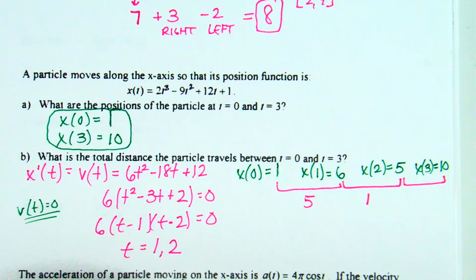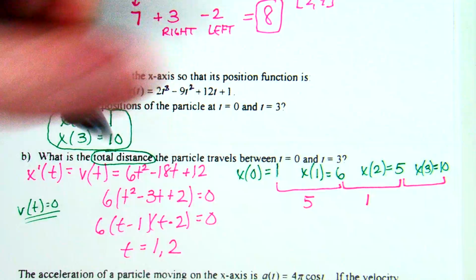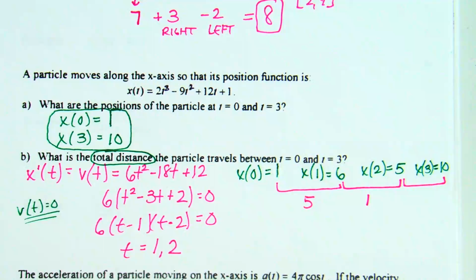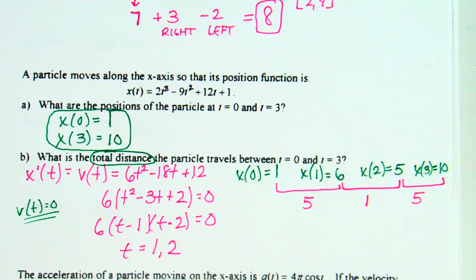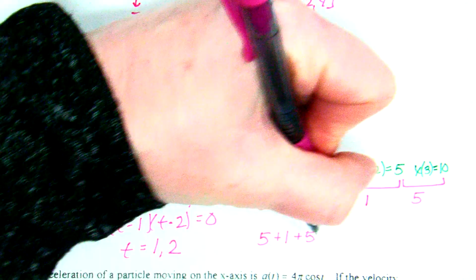Well, because what is the question we're looking for? What is the total distance? So that's why I'm not using a negative. Does that make sense? And then from time 2 to time 3, we had how much movement? 5. And so, what is the total distance the particle travels? 11, because 5 plus 1 plus 5 is equal to 11.